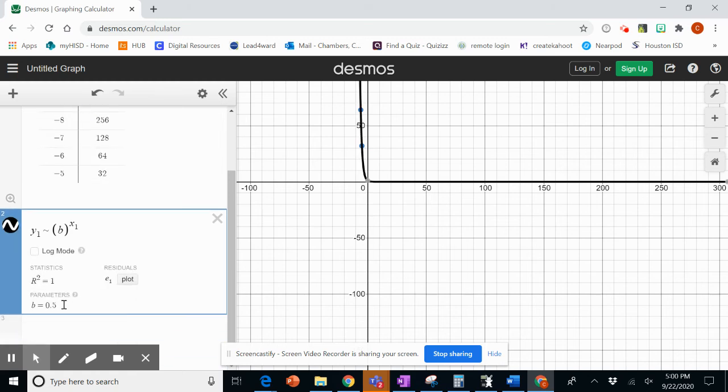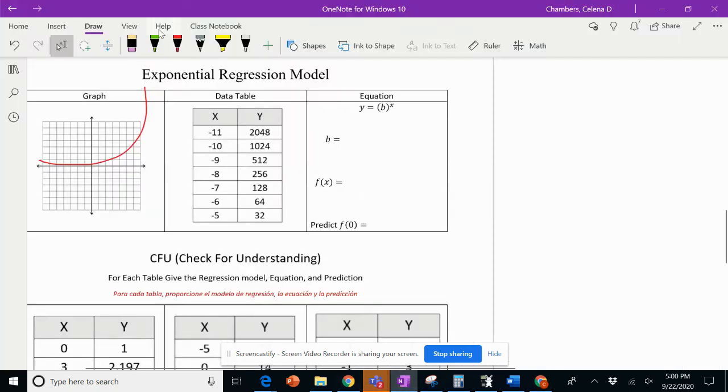All right, so we have b is equal to 0.5. So we're going to fill that in our notes. 0.5. So our f of x is going to be 0.5 to the power of x.